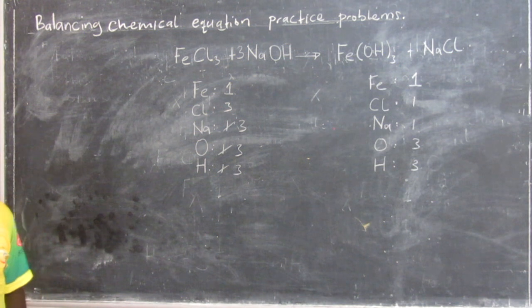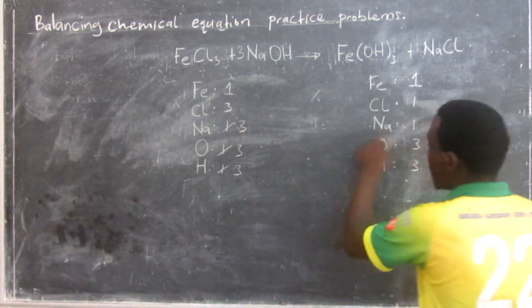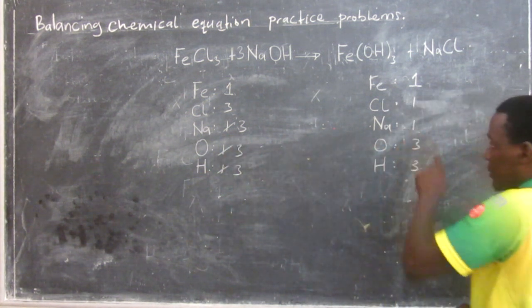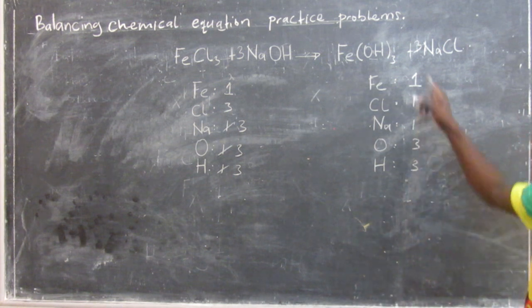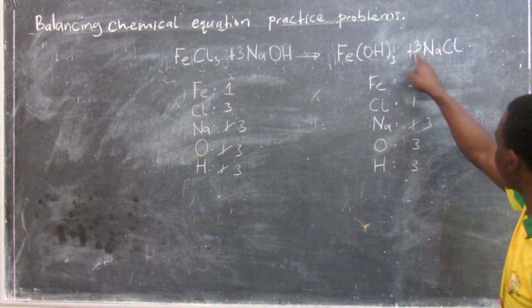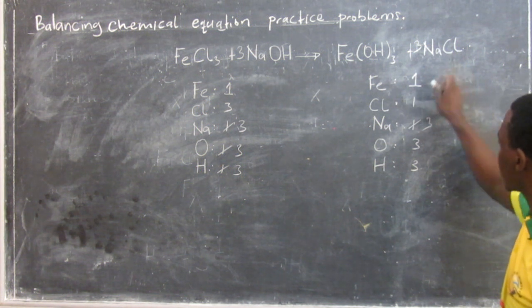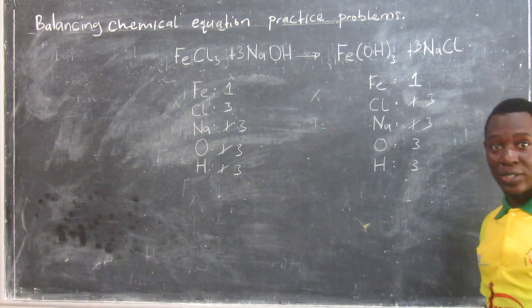I need to think of another number which I should place somewhere so that it can balance. If you look here, sodium here is 3, and here it is 1. If I put a 3 here, meaning that 3 times 1 here will take the sodium to 3. 3 times 1 here will take my Cl to 3. By doing that, my equation is balanced.